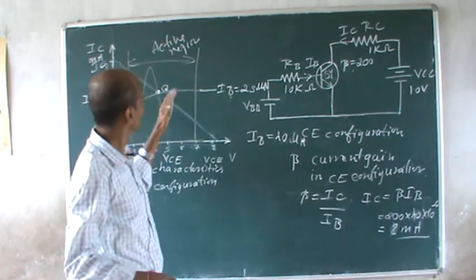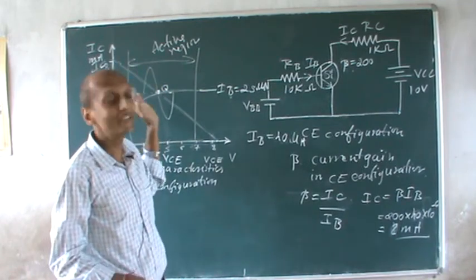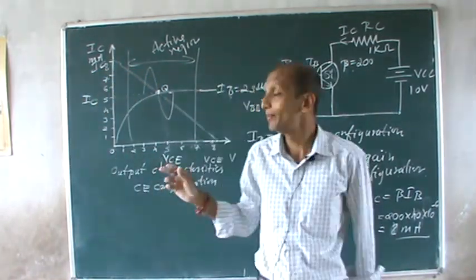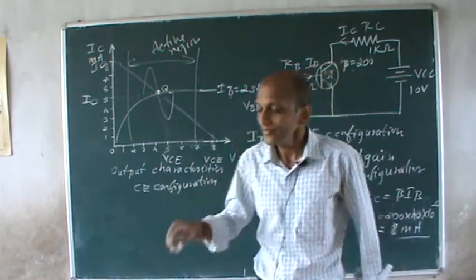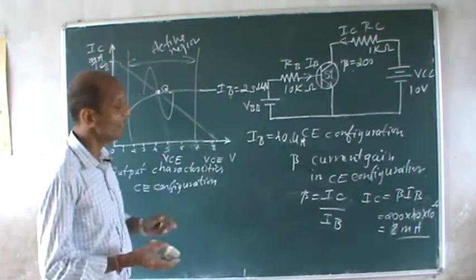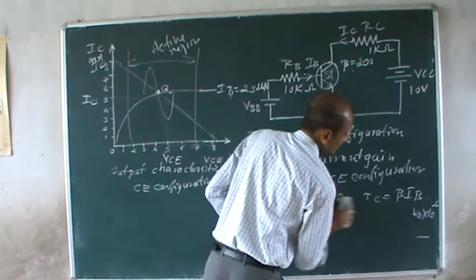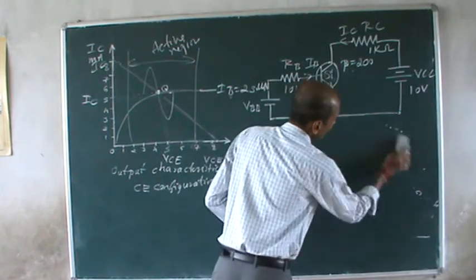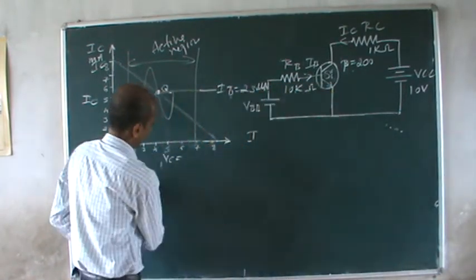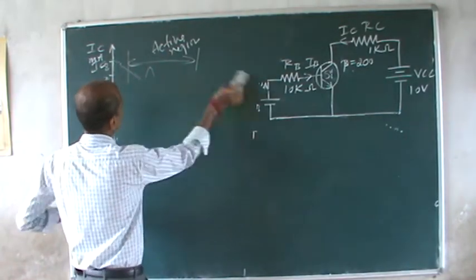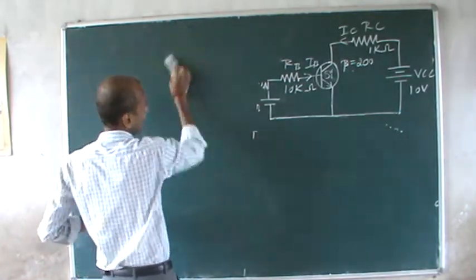Or also we can call it the saturation region too. Okay, yes. So this is how we go for Q point selection, and next we will see the different types of biases we can go for.